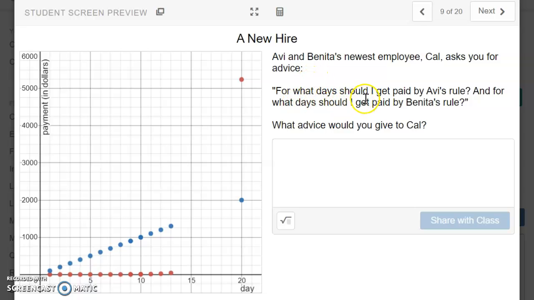For what days should I get paid by Avi's rule, and for what days should I get paid by Benita's rule? Well, I know that the 19th day will be about halfway from there, so it'll be about here. So on the 19th day, you will start to get paid more by Avi's way. I would say the 19th day will be best to convert to Avi, but before the 19th day, Benita will be paying more.